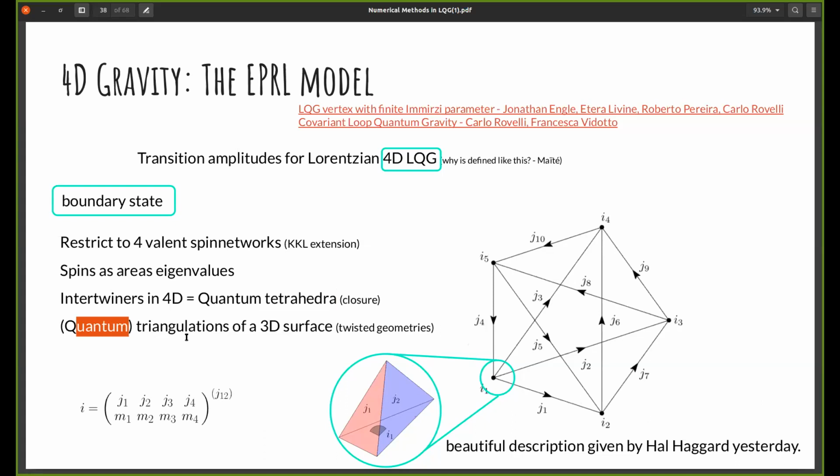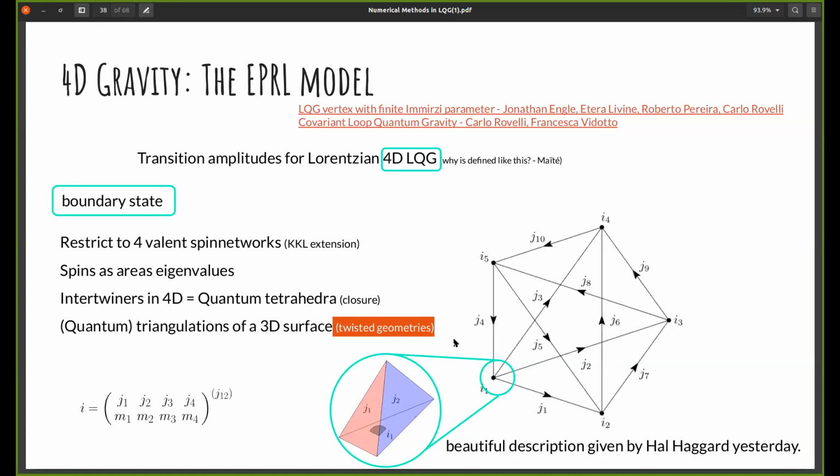So all things together, you can interpret a spin network as a sort of quantum triangulation of a 3-dimensional surface. To be more precise, it's more than just a triangulation. It's what is actually called twisted geometries in the literature. So there are more degrees of freedom than just a normal triangulation.